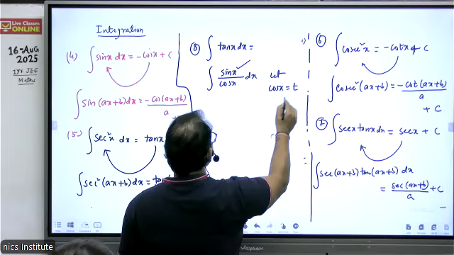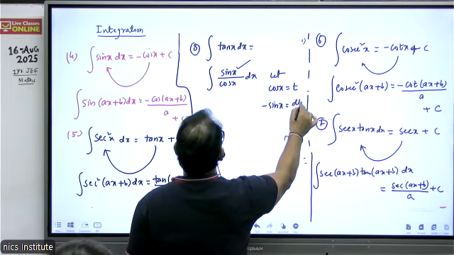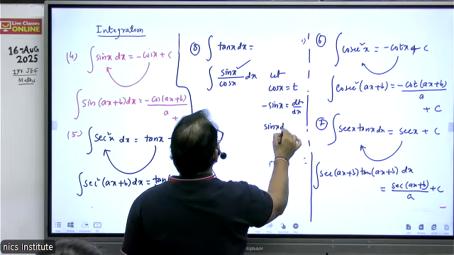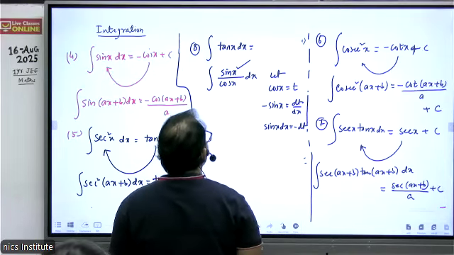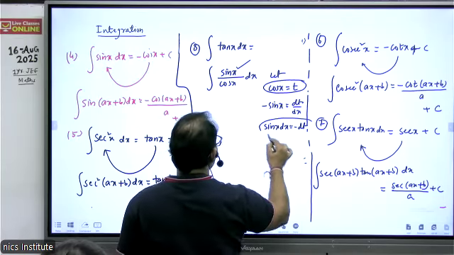Differentiating with respect to x, it will be minus sin x is equal to dt by dx, or sin x dx is equal to minus dt. So make two substitutions. First one is this, second one is this.